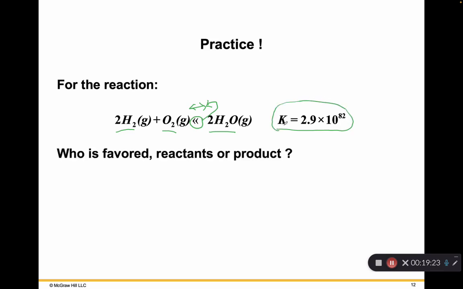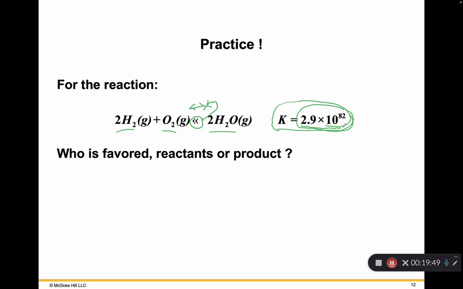Now the question is, which is favored, the reactants or the product? Just by looking at the magnitude of K, you should be able to say which one is favored. You can pause the video, guess the answer and come back. Here the magnitude of K is 10 to the power 82.